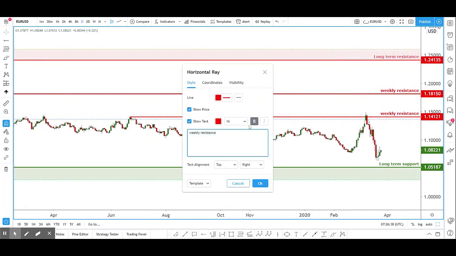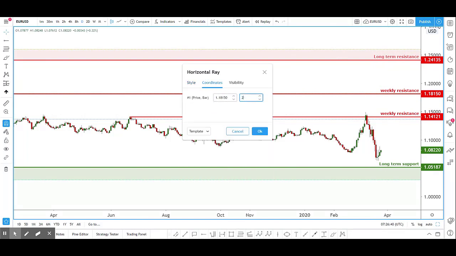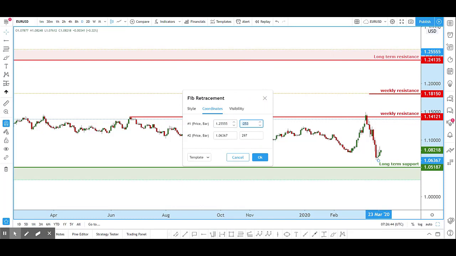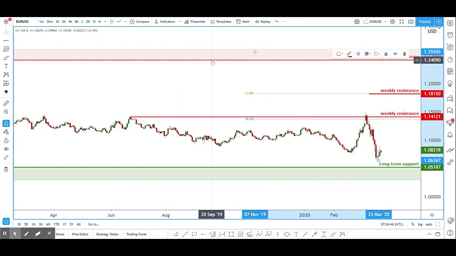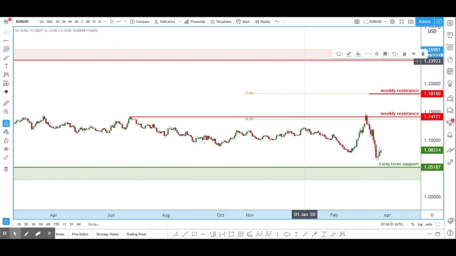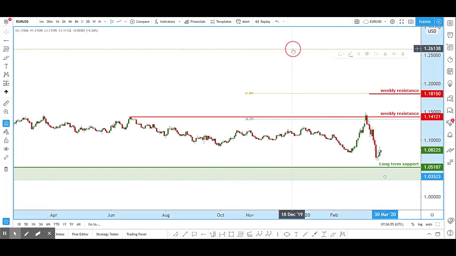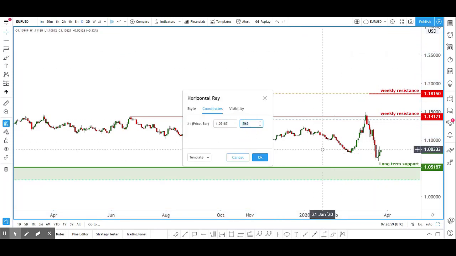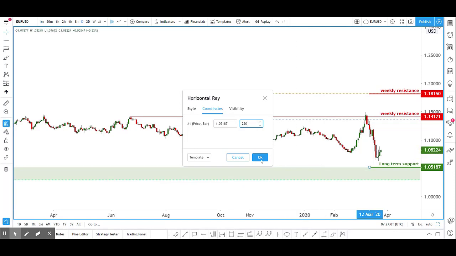Once again, we tidy this chart up. The long-term resistance is quite far away, so I can actually remove this. It's not something we would like to consider. The long-term support, could bring it closer. And remember that this is actually a zone.